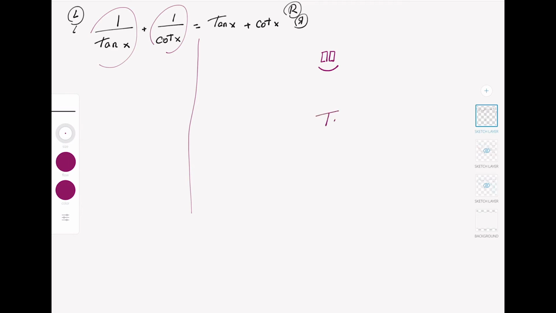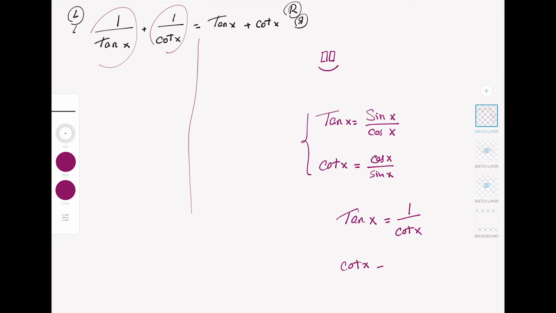We know tangent of x equals sine of x over cosine of x, and cotangent of x equals cosine of x over sine of x. Basically, tangent of x equals the reciprocal of cotangent, or cotangent of x equals 1 over tangent of x.